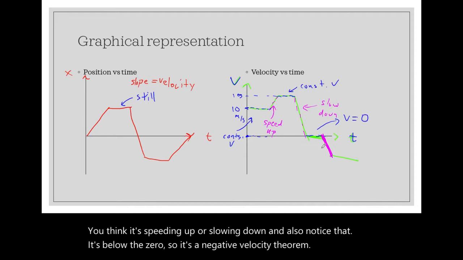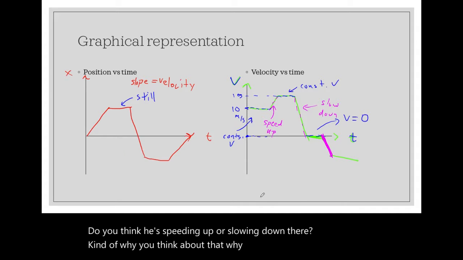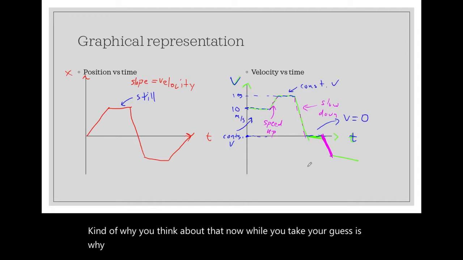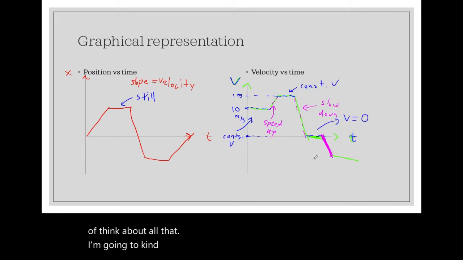Do you think you're speeding up or slowing down there? While you take your guesses, and maybe say it's slowing down because it's a negative slope, I'm going to drop hints, because it's not too obvious what the answer is.